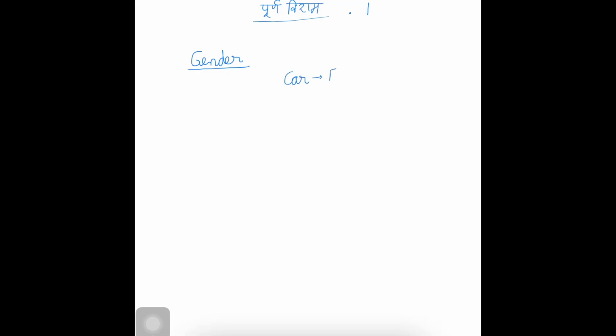Car has been assigned female gender. Paper has been assigned male gender. Every non-living thing has a particular gender. Now, you need not remember which non-living thing is masculine and which is feminine.